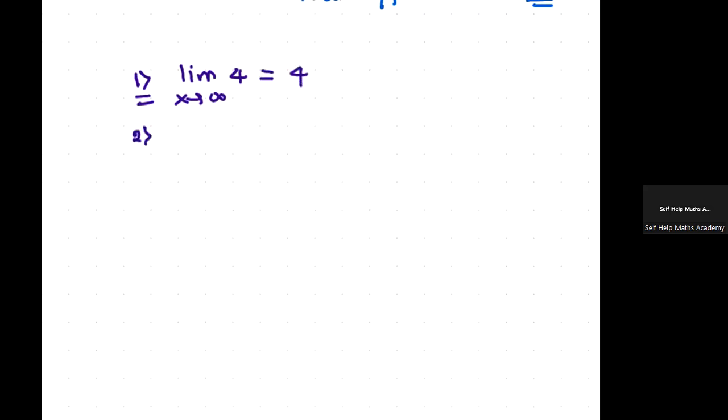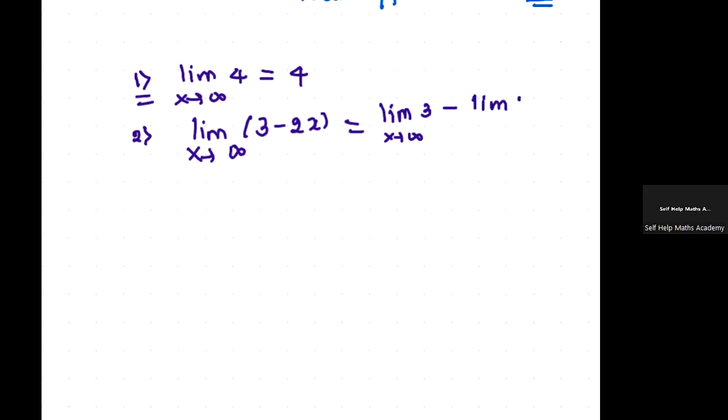And then let's see another example. You have limit of 3 minus 2x as x is tending to infinity. So here you can see by the limit rule, this is like two functions, subtraction f minus g. You can just separate the limit. You can write it as limit of 3 as x is tending to infinity minus limit of 2x as x is tending to infinity.